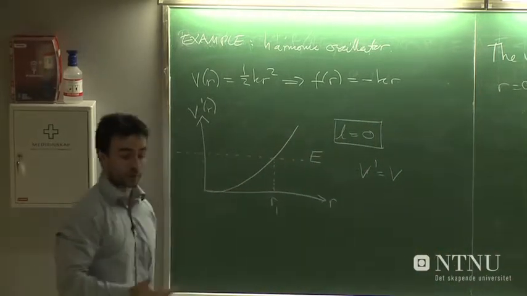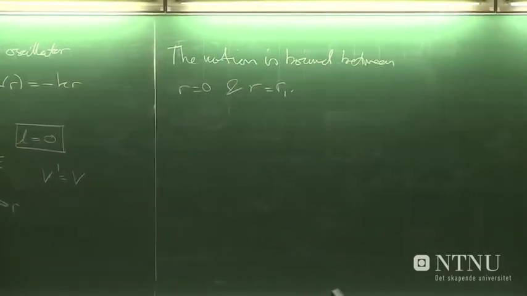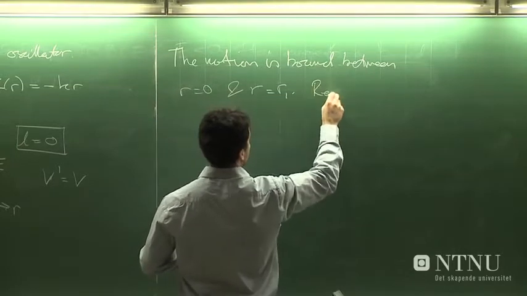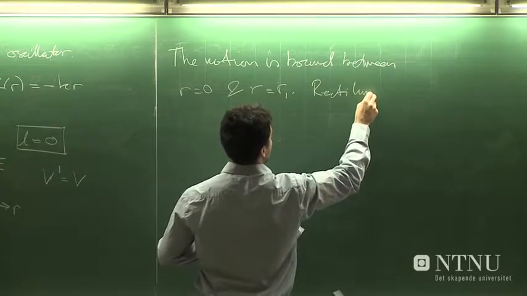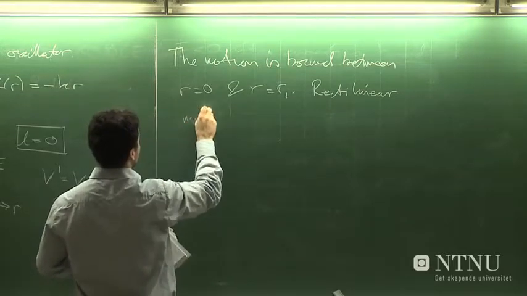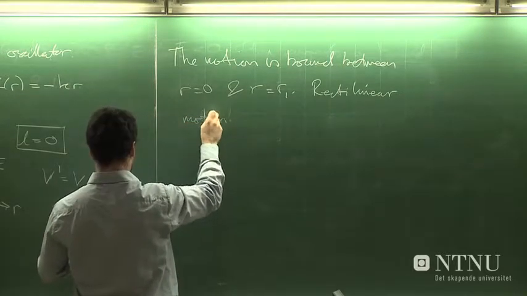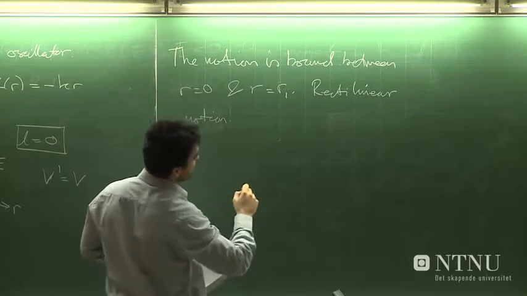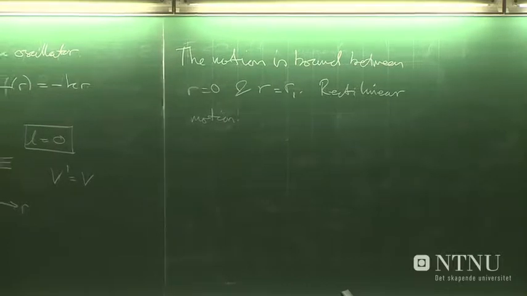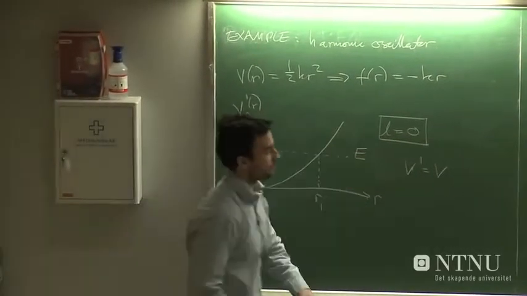And if there's no angular momentum, it means we have a rectilinear motion, which also will be harmonic. So it goes like cosine or sine. So that's a well-known case where we have zero angular momentum.